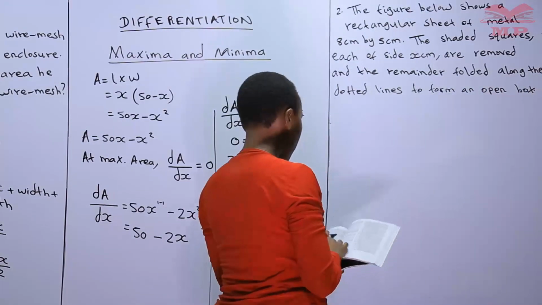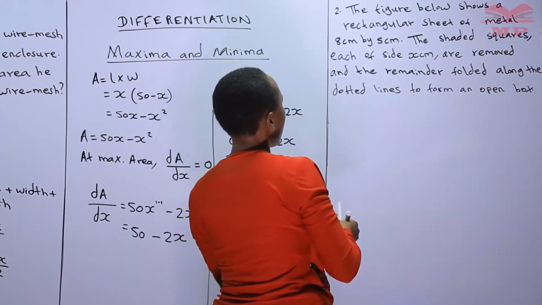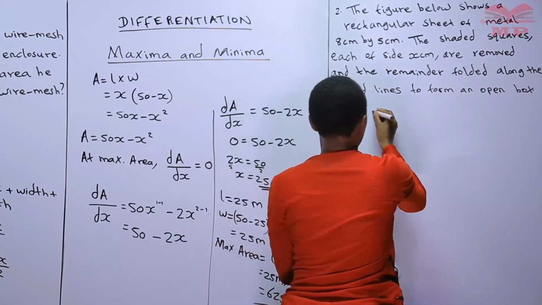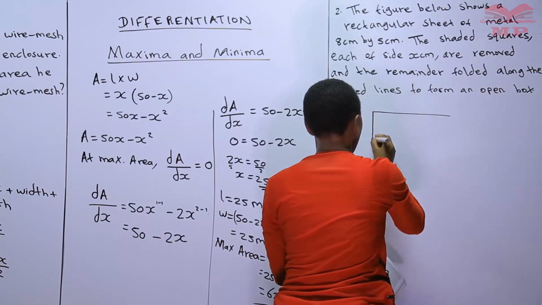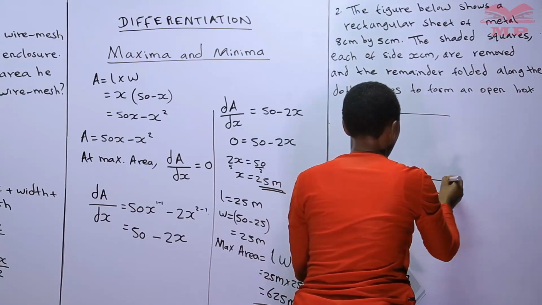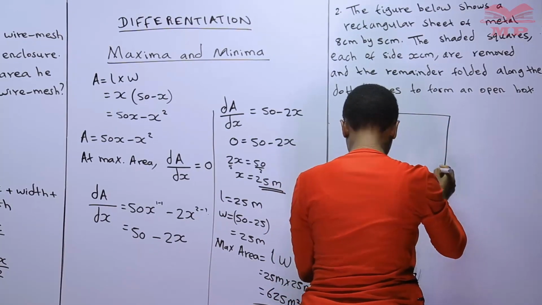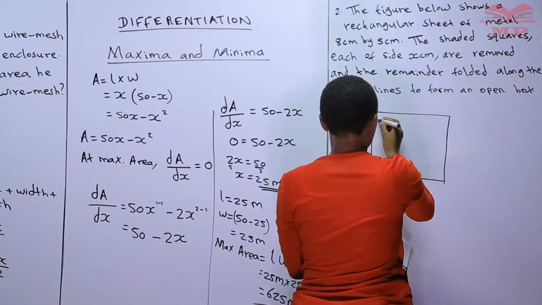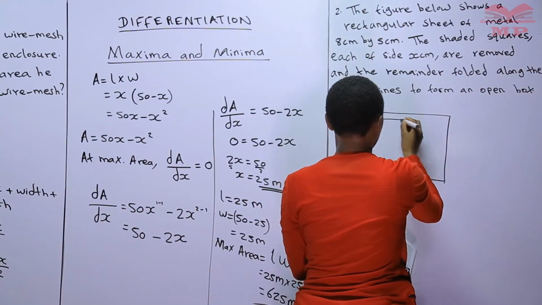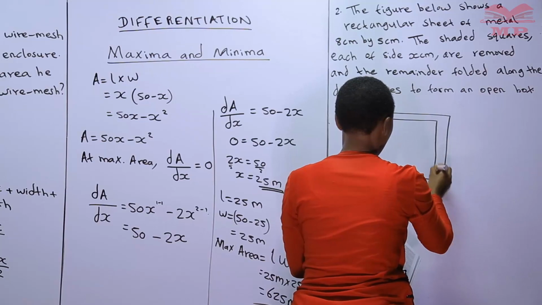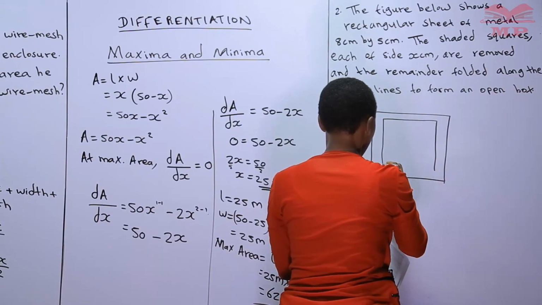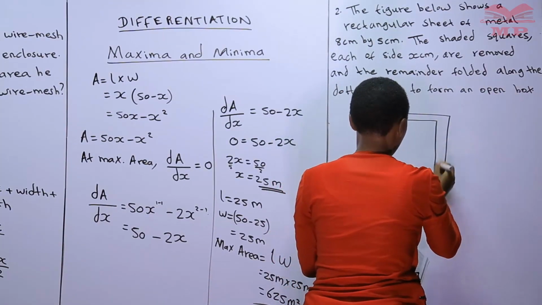So this is what we have been given. This is how the rectangular sheet looks. And then we have the squares which are being removed. So we have squares being removed.